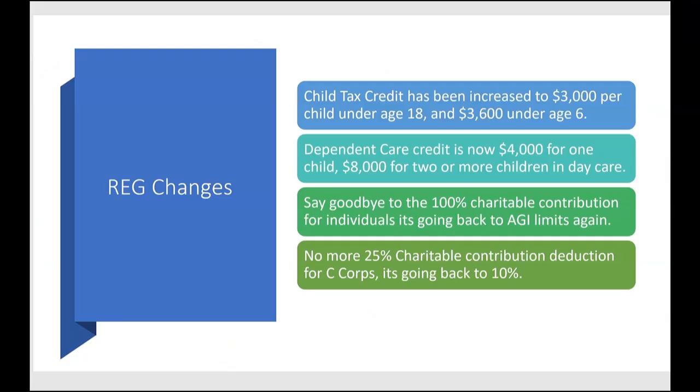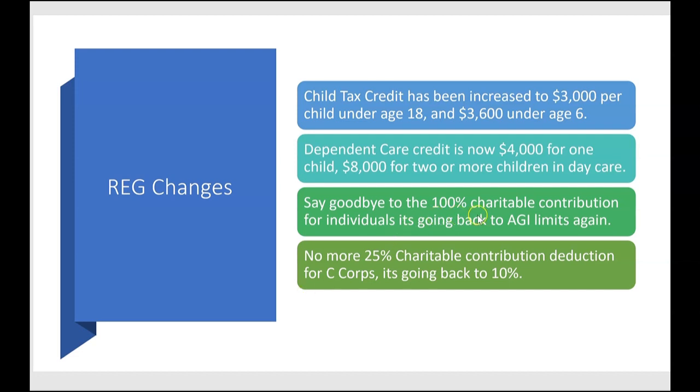Okay, what about REG changes? Now, REG went through big changes in July of 2021, where a bunch of topics were removed, like estates and trusts and alternative minimum tax, and much of the securities laws were removed. So now, what are the REG changes you got to be aware of? Well, the child tax credit has been increased to $3,000 per child under age 18 and $3,600 under age 6. The dependent care credit is now $4,000 for one child, $8,000 for 2 or more children in daycare.